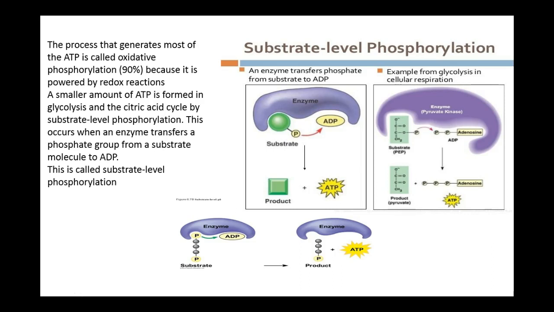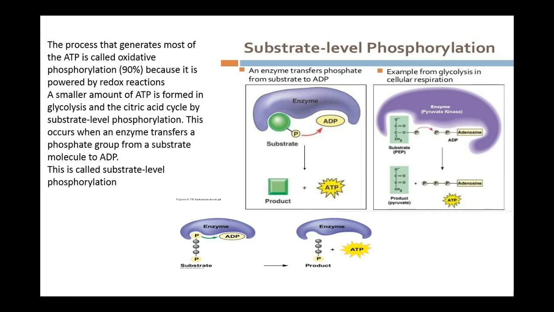It actually has three carbons, 3 oxygens, and 2 hydrogens, and one of those oxygens has a negative charge on it. One of the oxygens has a phosphorus hanging off of it. The enzyme is going to bring that particular substrate together with ADP.